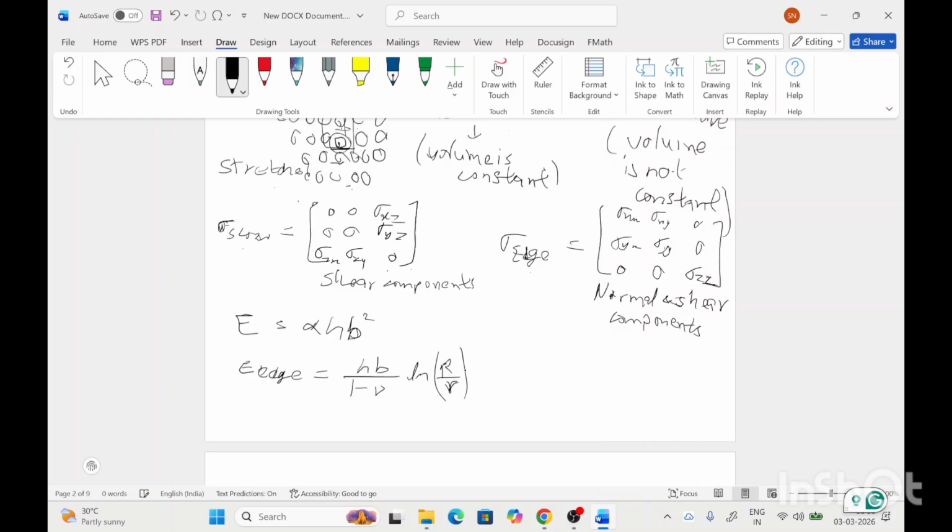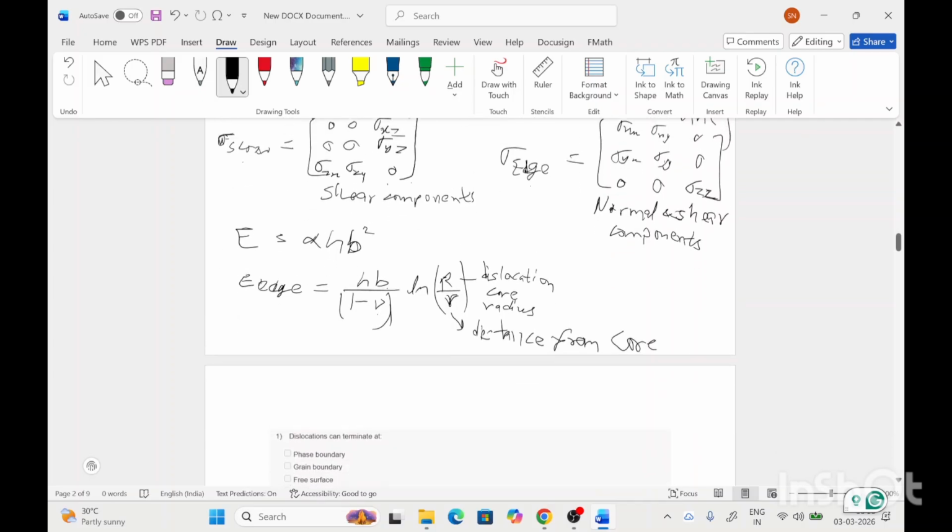So small r is the dislocation core radius, and r is the distance from the core. So for edge dislocation it is given by this. G is the shear modulus, B is the Burgers vector, and nu is the Poisson's ratio.